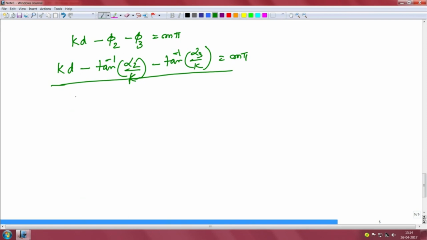I will define a V number of the waveguide as kd, where I will replace the value of k as k0 square n1 square minus beta square, according to the definition.